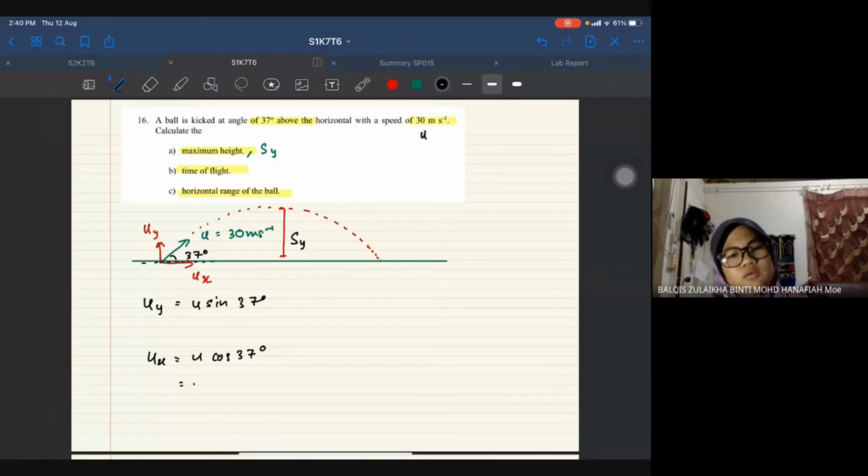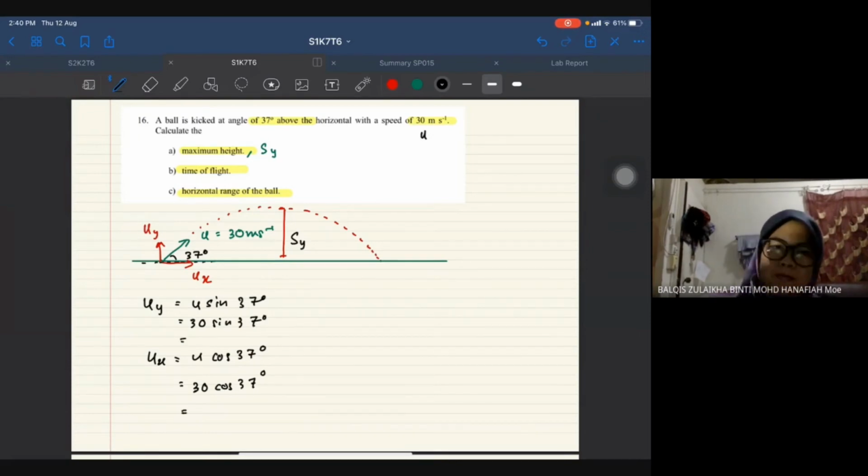Okay, so it will be 30 cos 37. Atasnya akan jadi 30 sin 37. Okay, berapa dapat ni? I got here is 18.05. You get something different, please let me know.